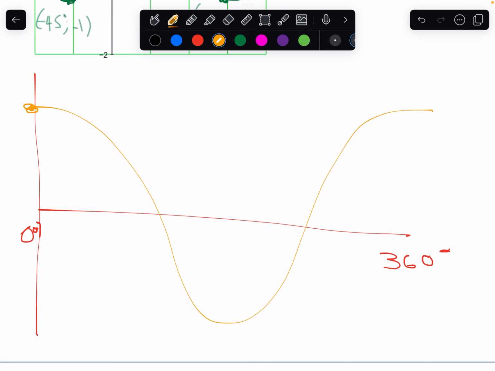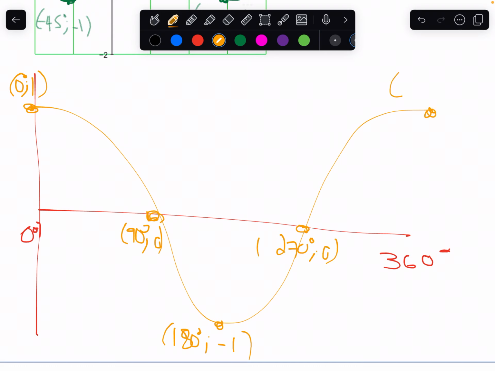Where this is 0 and 1. This is 90 and 0. This is 180 and minus 1. 270 and 0. 360 and 1.